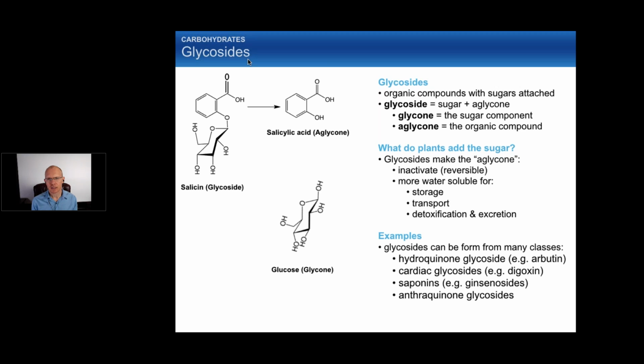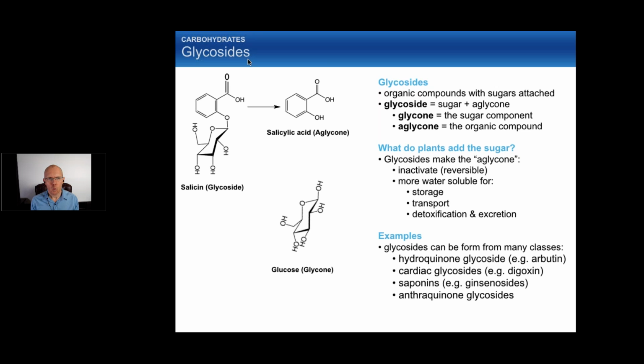The other thing that it does, I forgot to mention this, is it temporarily inactivates the compound. So if you look at salicin itself, in this state it probably doesn't have significant anti-inflammatory effects, because the sugar molecule is occupying that OH group there at the bottom and preventing it from interacting with various enzymes like the cyclooxygenase enzyme, which is one of the enzymes involved in forming inflammation in the body.